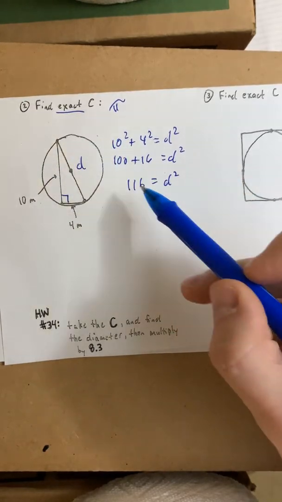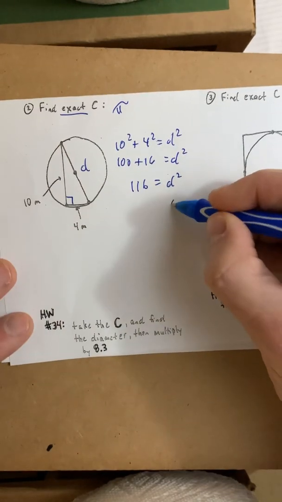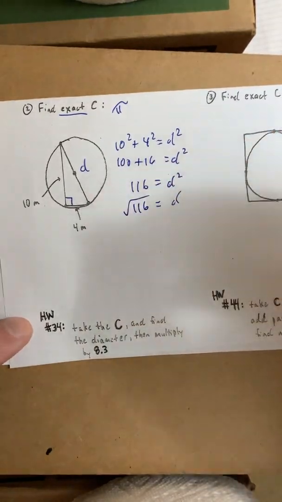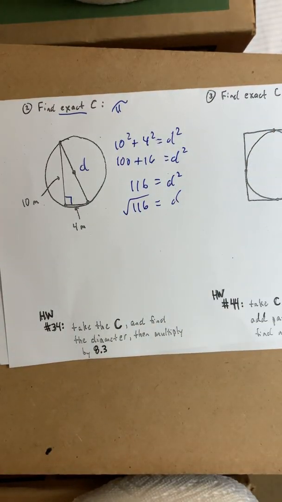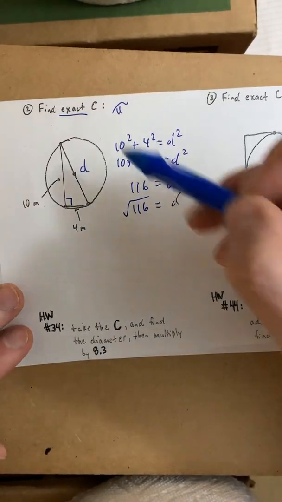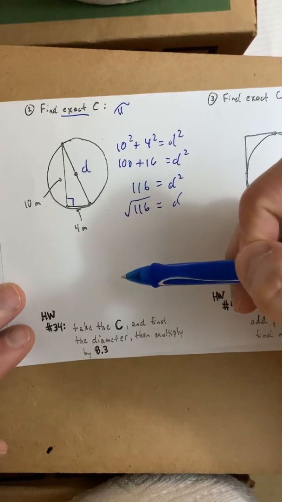Good, I hope you said no because we want exact. So our diameter is going to be the square root of 116. Now, we can simplify that radical, find perfect squares to break it down, but we'll just leave it like that for the time being. We have the length of the diameter. We're keeping it like this because we do want exact.